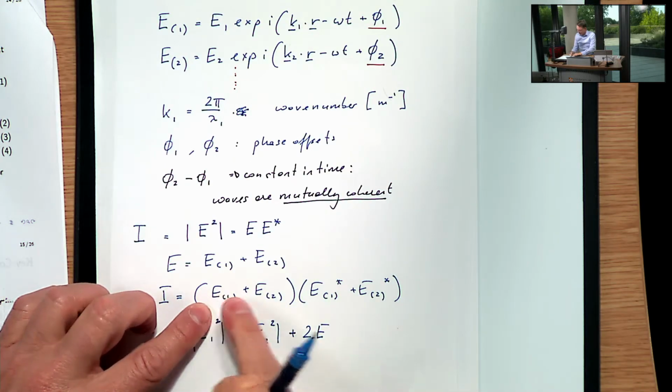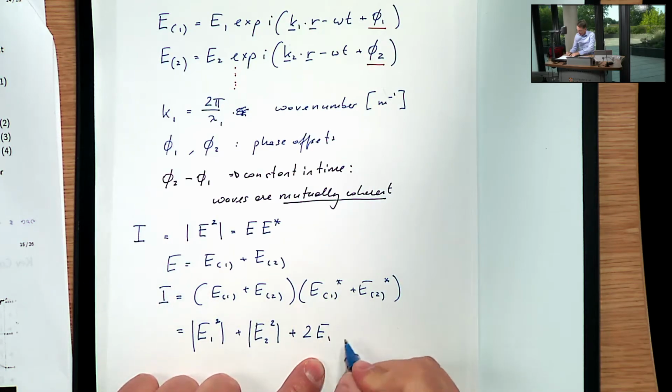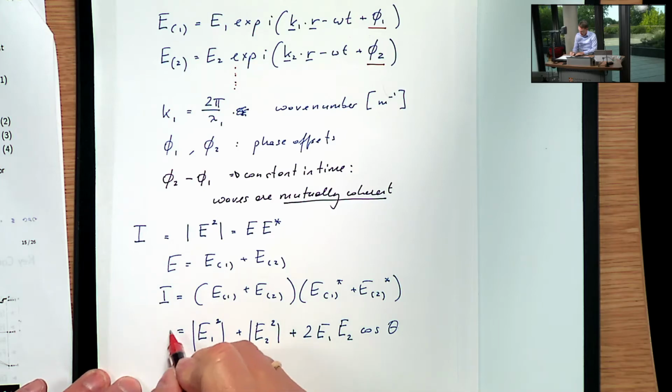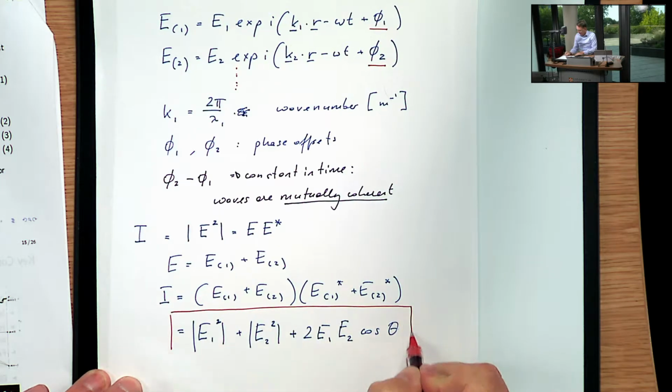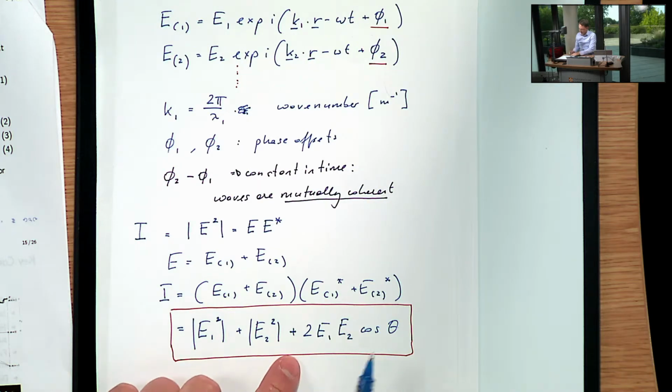We get E1 E2 star and E2 E1 star, and that turns out to be E1 E2 times the cosine of phi. So you can see why that might happen.